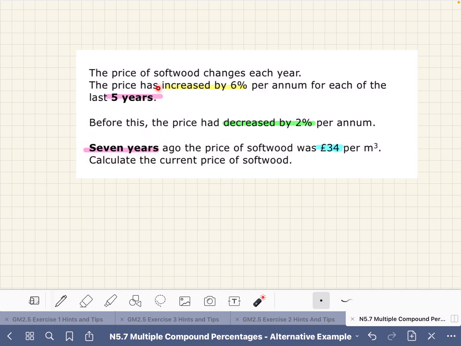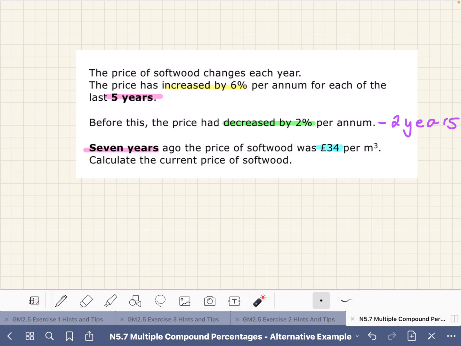So if we look at this 5 years and that's 7 years, that means we have 2 years left over. So the decrease by 2% has happened over 2 years. Okay, 7 years altogether, 5 years has been used by 1, 5 plus the 2 gives us this 7.